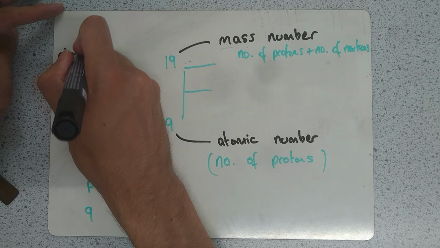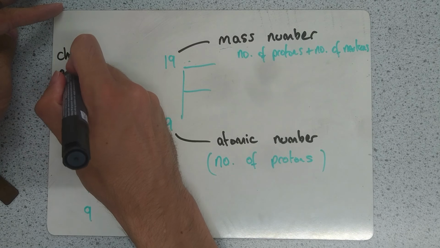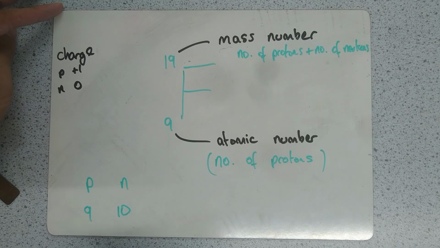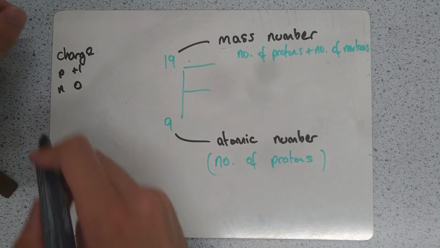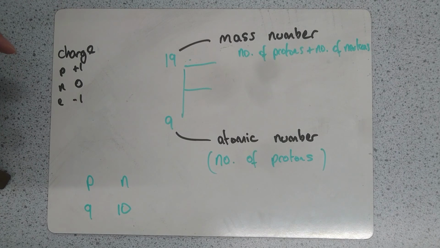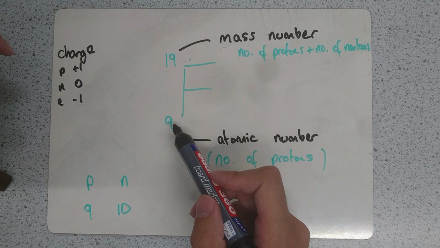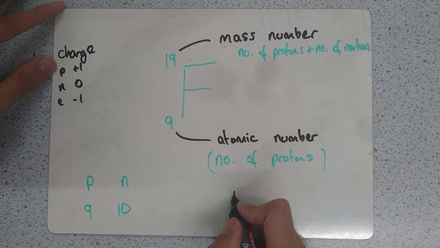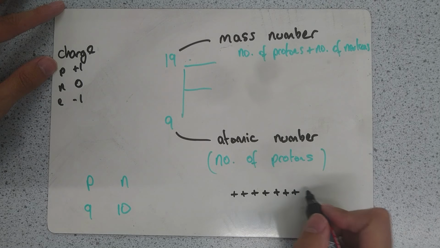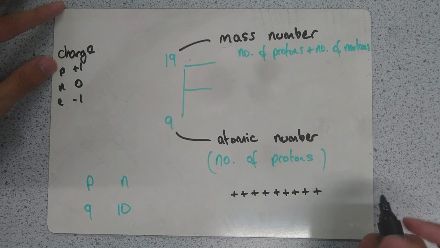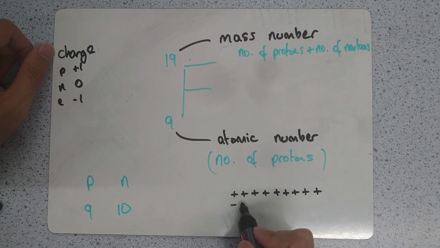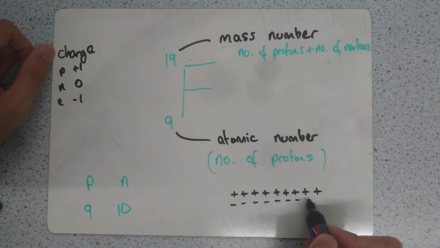If I just create a little table up here, protons have a +1 charge, neutrons, clues in the name, it's neutral, so it has no charge, and electrons have a -1 charge. So if we've got 9 protons, put along here, 9 positive charges, then we must have 9 electrons to cancel every one of these protons out.